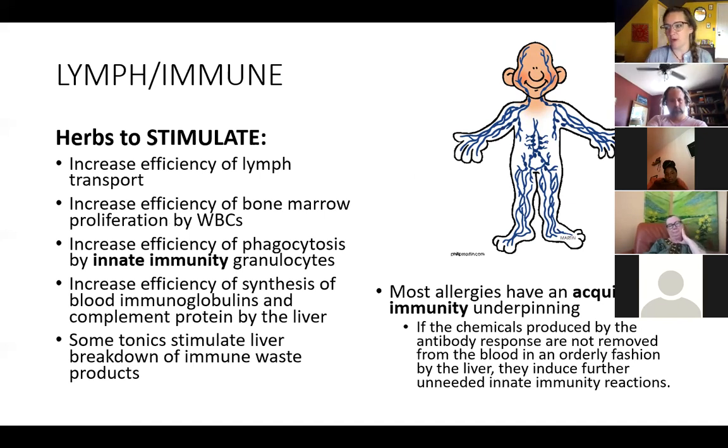Increase efficiency of bone marrow proliferation of white blood cells. This is how your white blood cells are created in your bone marrow, and they're stored there too. So having healthy bones and healthy bone marrow, which might not have anything to do with the way you would think about treating the immune system, could actually end up helping stimulate the immune system.